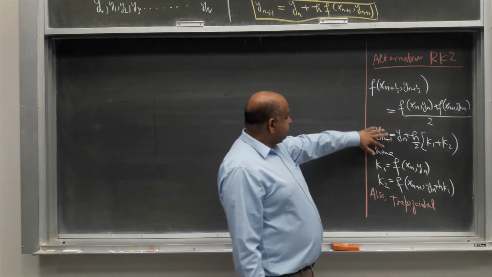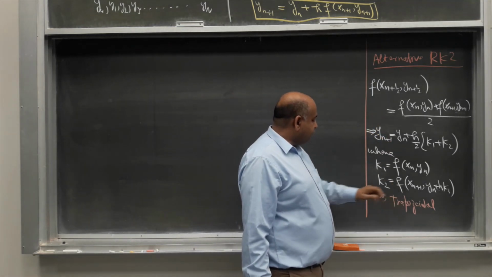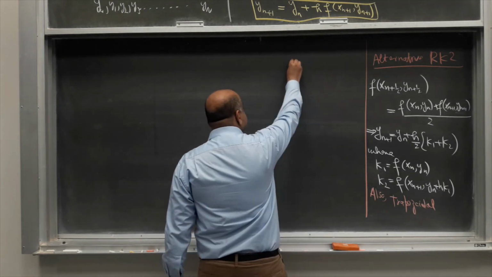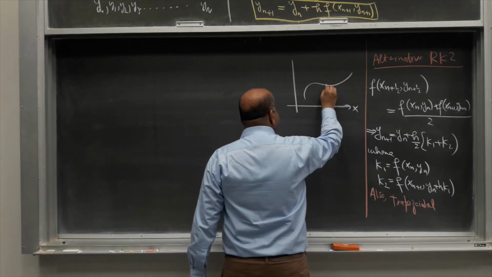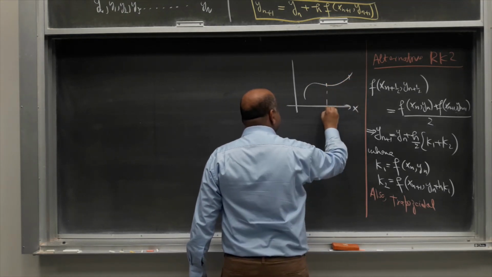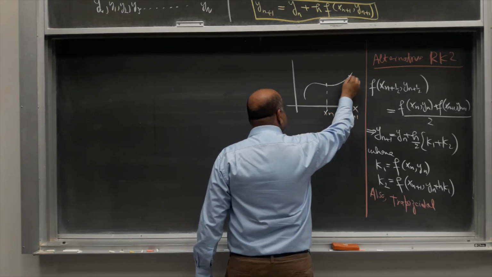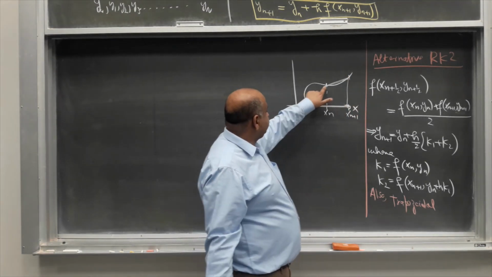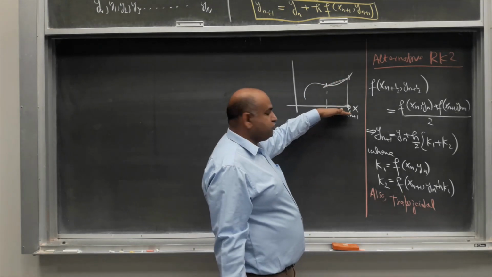So this implementation of RK2 is also known as trapezoidal, because if we approximate the function, if we see the function like this, and then this is point xn, this is point xn plus 1, if we approximate this curve between these 2 points by a straight line, this is almost a trapezoid.